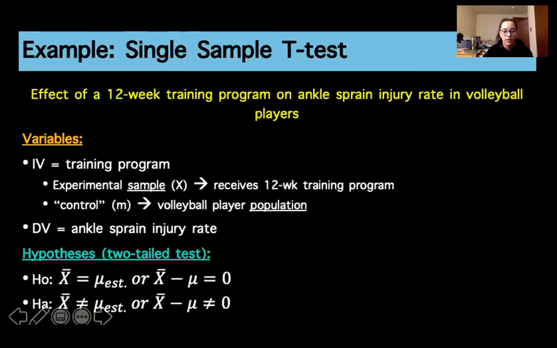Or the difference between the two of these would be 0. They're not significantly different from each other. Training program has no effect on ankle sprain injury rate, right? Versus the research hypothesis, which argues the exact opposite of the null, saying that there is a difference. Doesn't matter if ankle sprain injury rate increases or decreases. We just know that there is a significant difference between the means.